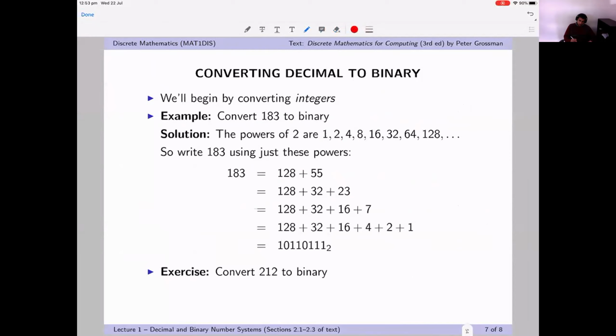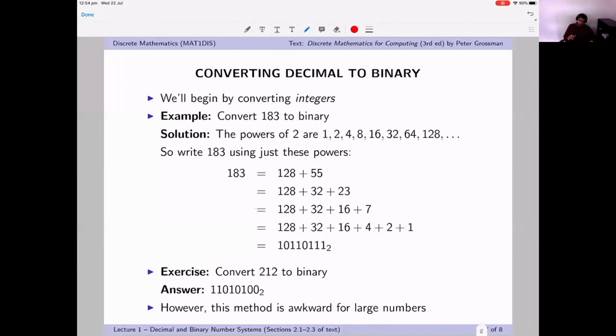To be honest, you can write that down as 128 plus 64, that would be 192, plus 16, that would be 208, plus 4. That will make 212, and you can write it down in terms of binary. So that would be your binary representation.